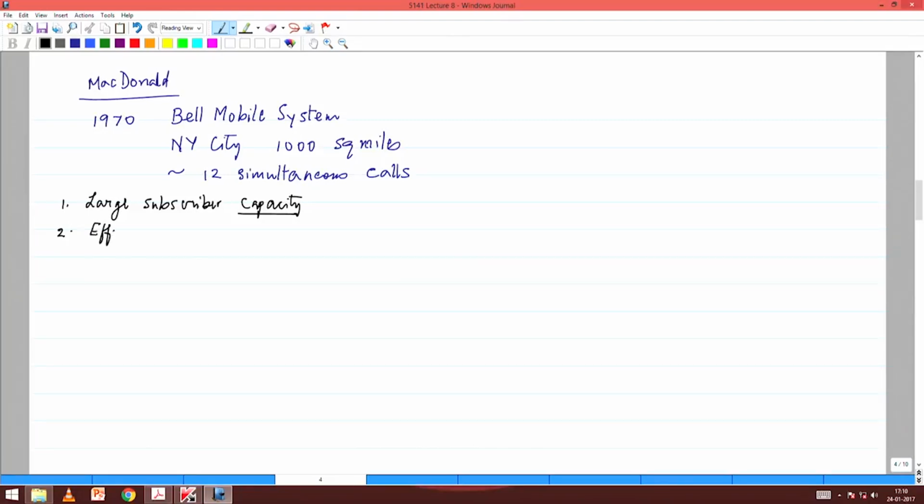Efficient use of spectrum. So whatever spectrum they had, they were using fairly inefficiently because they were able to hold only 12 simultaneous calls. And this is something that in our terminology would be called spectral efficiency, and we will talk about that as we go forward.